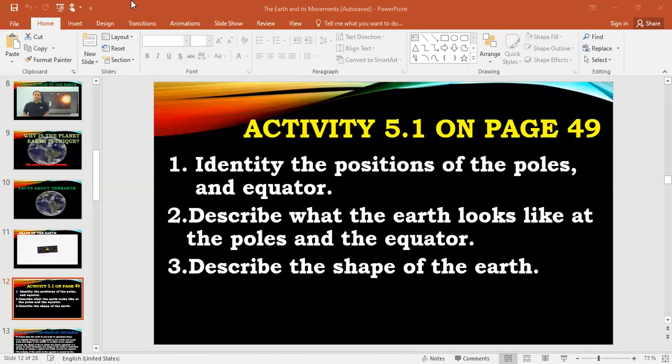As you are looking at the activity, I hope you can see me. They are saying the earth is not like this. It is not round. They are saying the earth is in this position. If you look at the first one here, it is round.